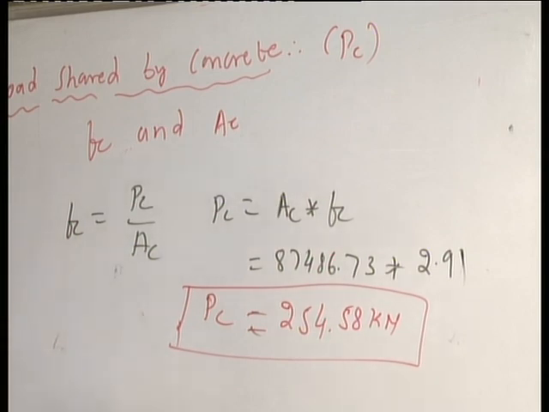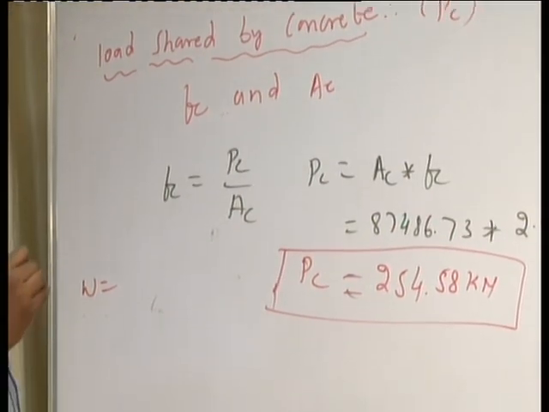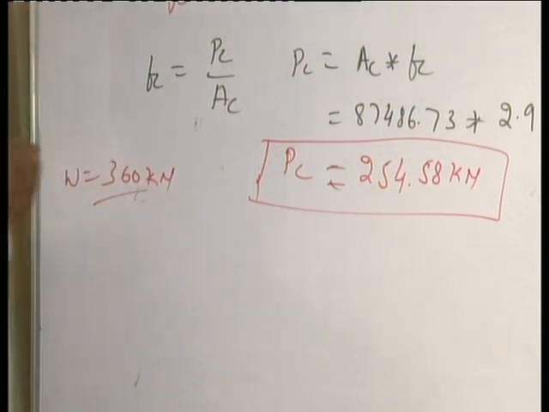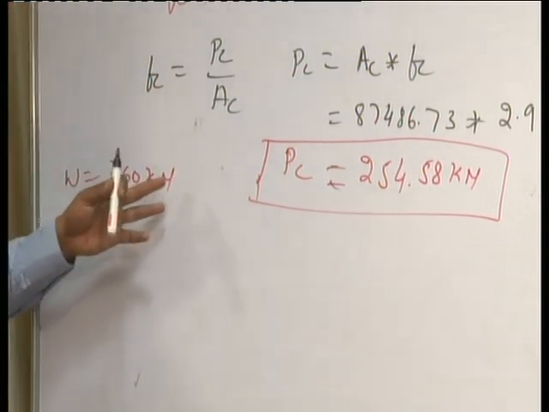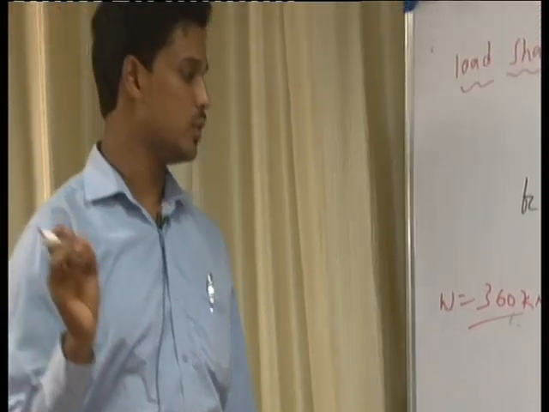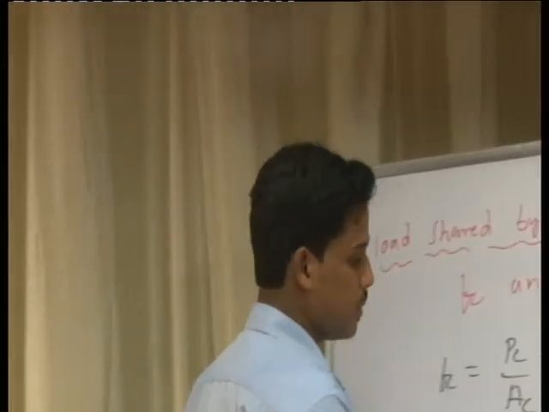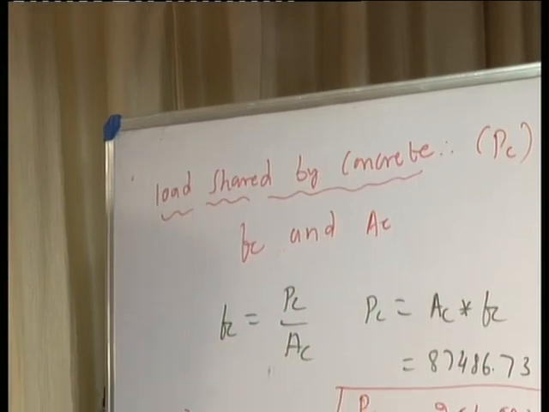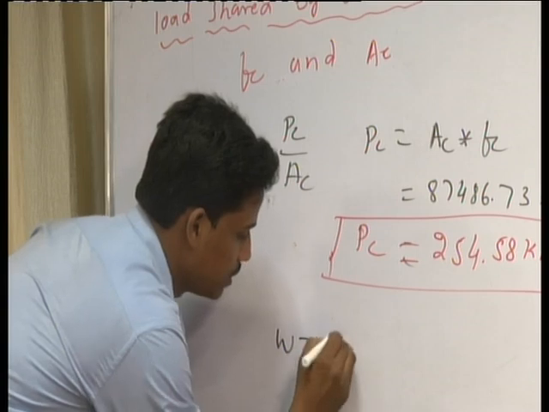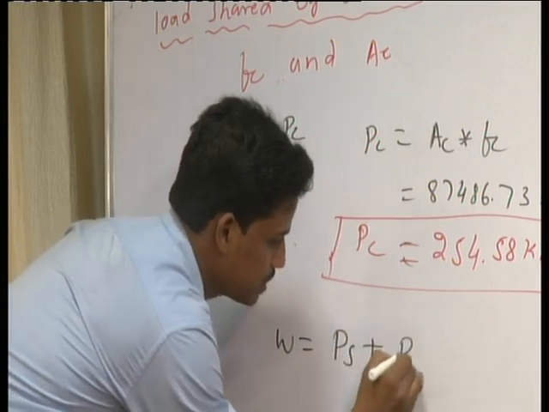After calculating Pc, we know that the total load W is 360 kilonewton. The total load is equal to the load shared by the concrete plus the load shared by the steel. So W is equal to Ps plus Pc.